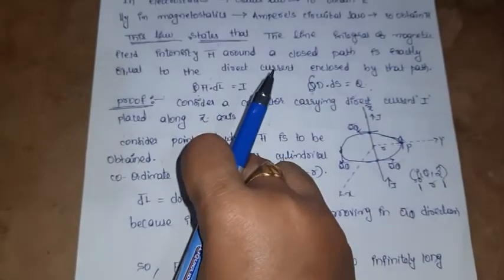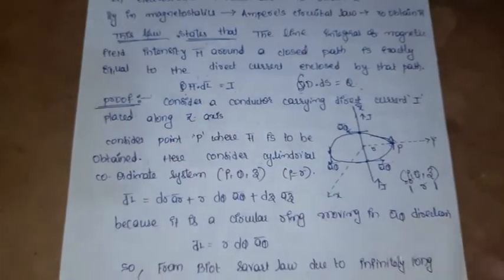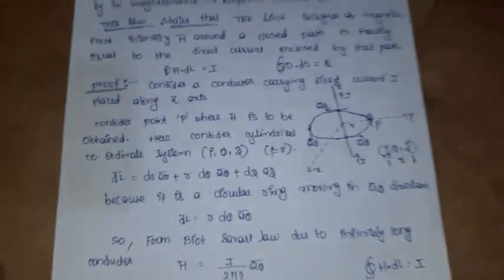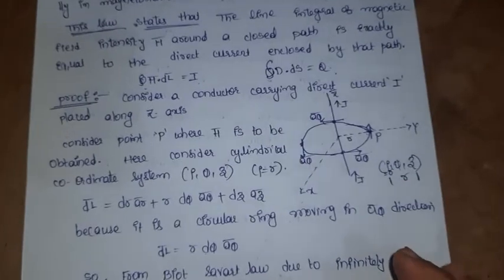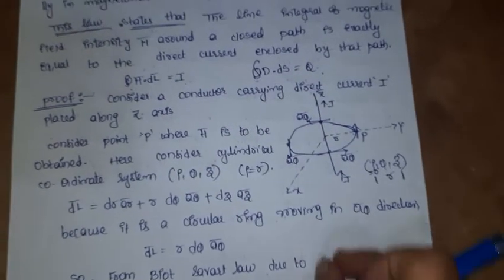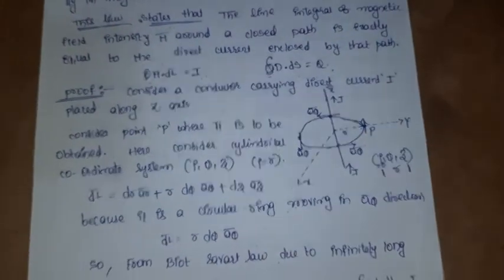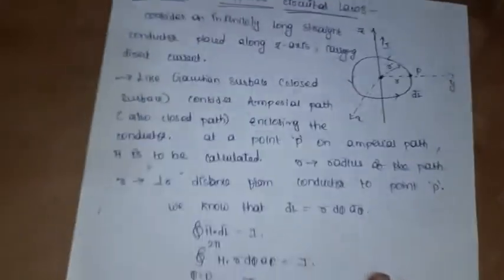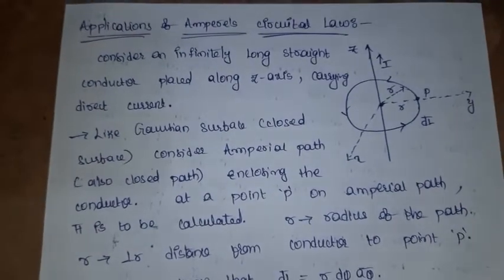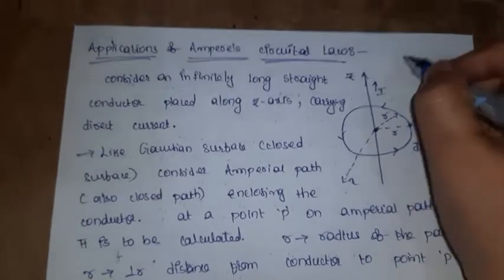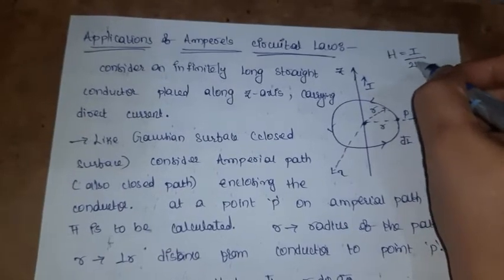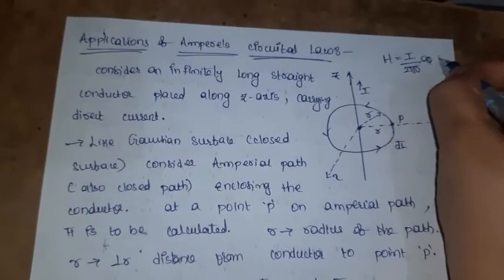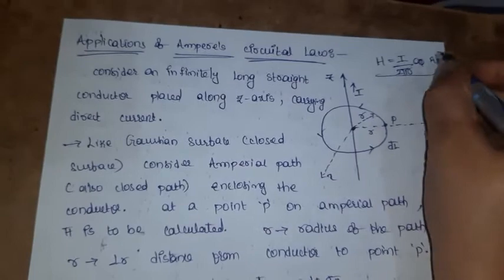Now I want to enter into the application of Ampere's circuital law. By using Ampere's circuital law, I want to calculate the magnetic field intensity at a point P due to an infinitely long straight conductor. We already calculated this by using Biot-Savart's law: H is I by 2 pi r a phi ampere per meter, and we did very lengthy derivations to get this answer.